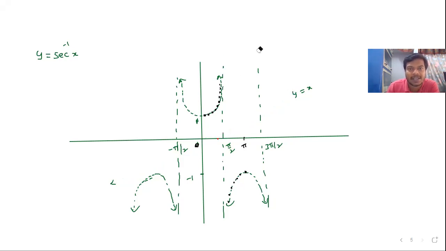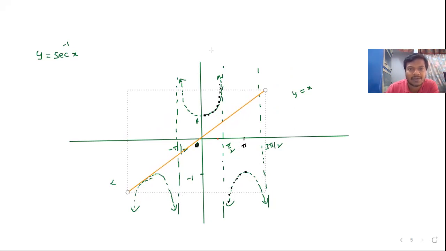The y equal to x graph is at 45 degrees. This one.